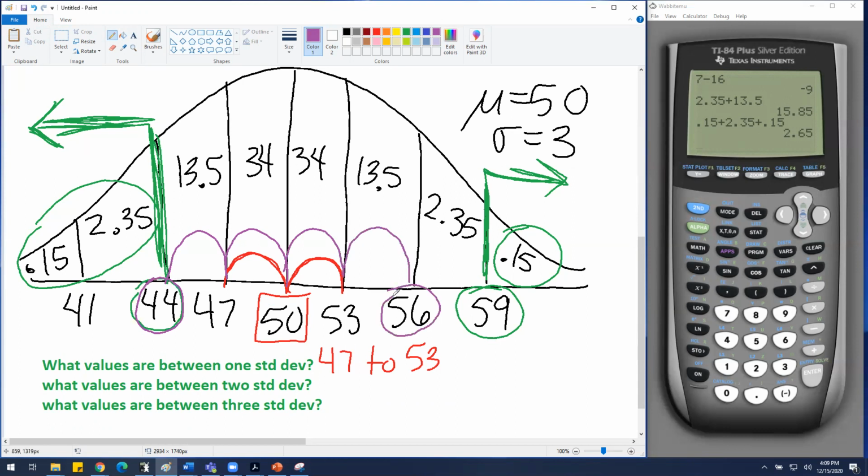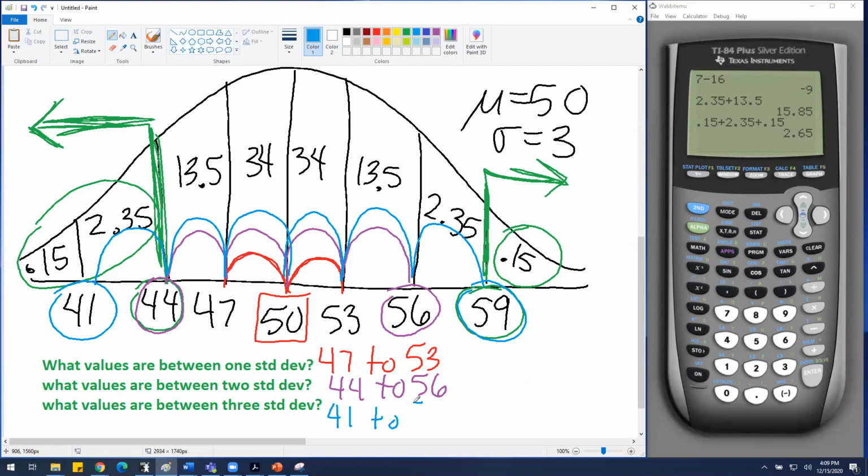So 2 standard deviations is from 44 to 56. 3 standard deviations, you go back 3, 1, 2, 3, 41, go up 3, 1, 2, 3, 59. So 3 standard deviations is 41 to 59.